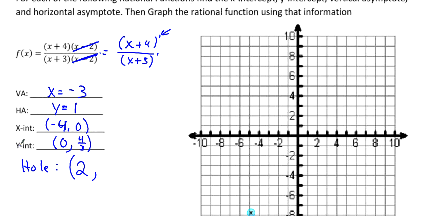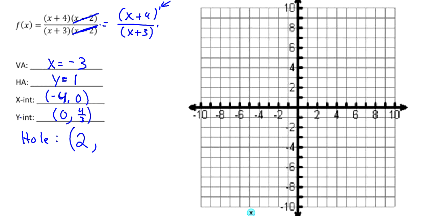Now, going back to what we're talking about with the hole, if I had used my regular original equation, this one right here, and I plug in f at 2, I would have ended up with 6 times 0 over 5 times 0, and I would have gotten 0 over 0. 0 over 0 is a special form.